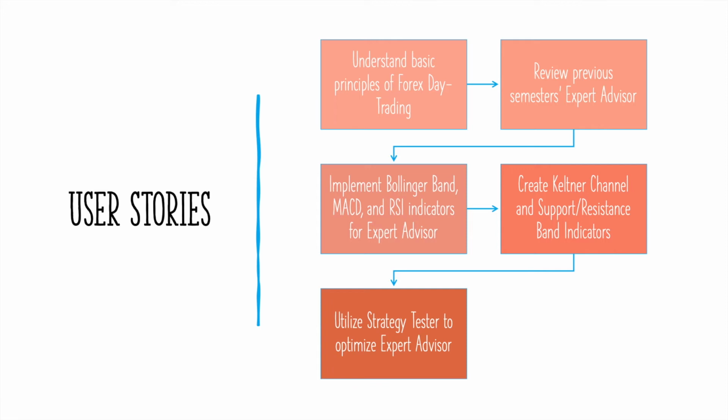So once we had these placed, our final step was to use the strategy tester as a way to optimize the expert advisor. Once we had a set of inputs that we should use for our custom variables, we went on and implemented those inputs and created the expert advisor as our final product.